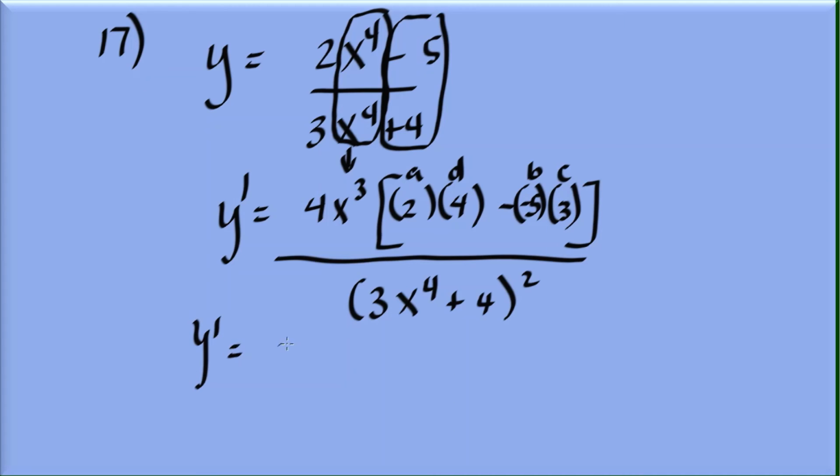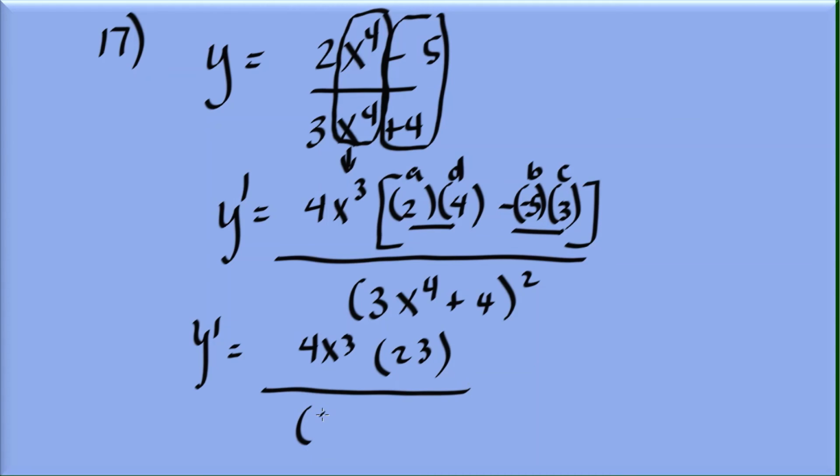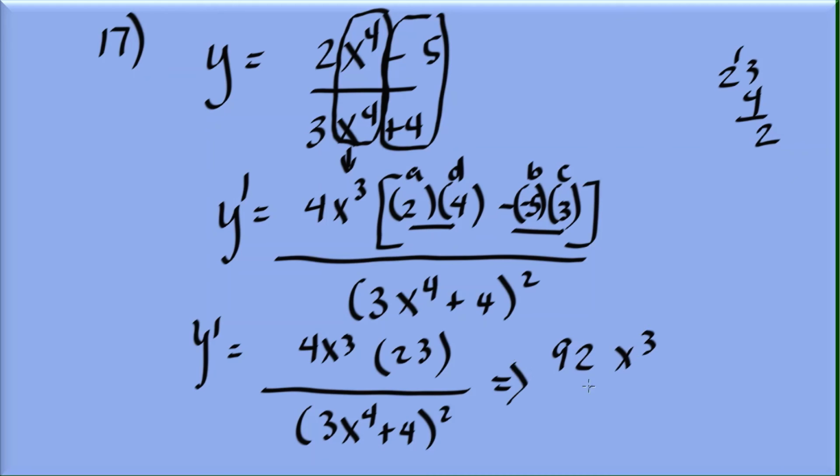Okay, so that's it. Y prime is 4x cubed times, now this is 8 plus 15, so that's 23 over 3x to the fourth plus 4 squared. Now 23 times 4 is 92, okay? So that's 92x cubed over 3x to the fourth plus 4 squared.